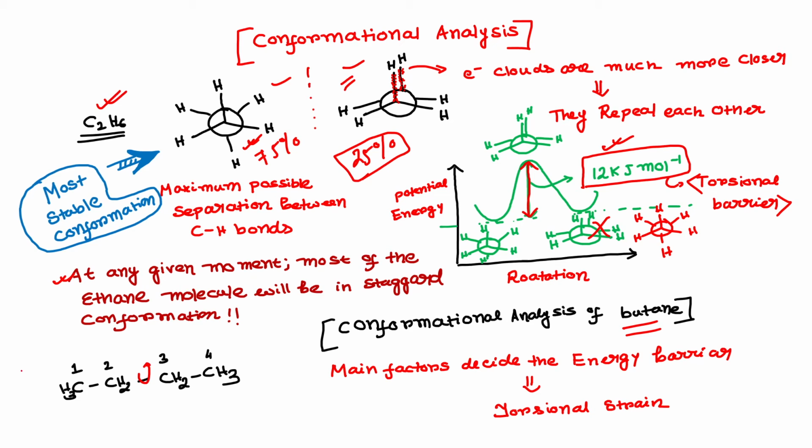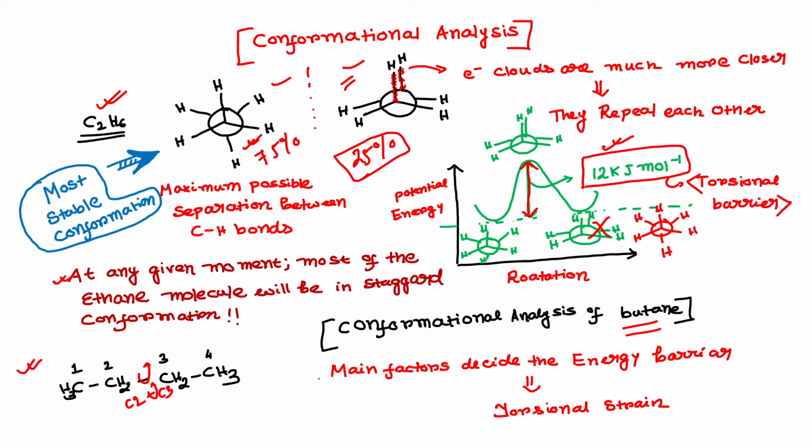So this is the structure of butane molecule: CH3, CH2, CH2, CH3. So 4 carbon atoms are there. We will be mainly interested in the conformers formed due to the rotation of the C2-C3 sigma bond, rotation around this bond. Due to this rotation, whatever conformers are formed, we will see what their energy levels are.